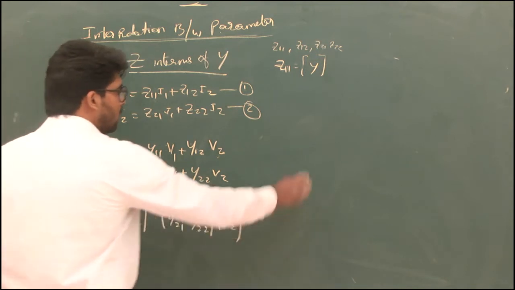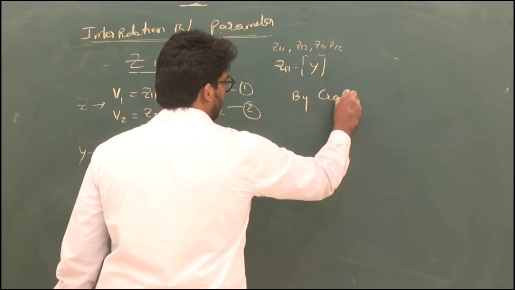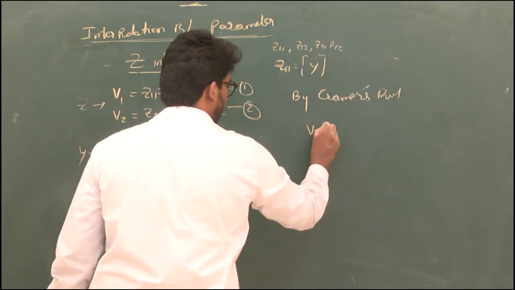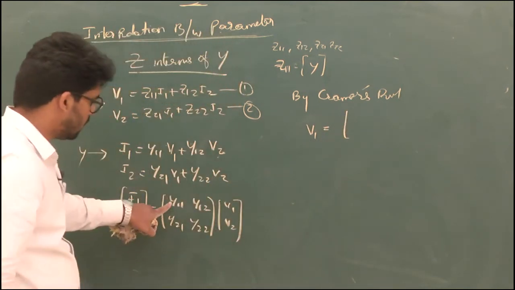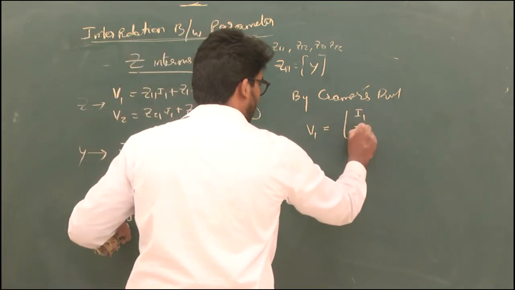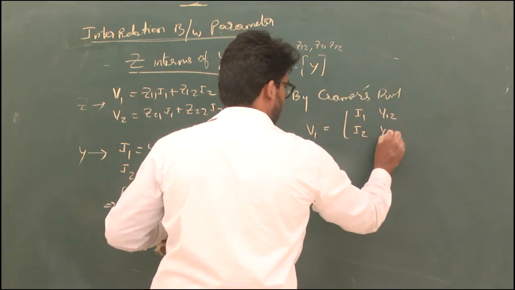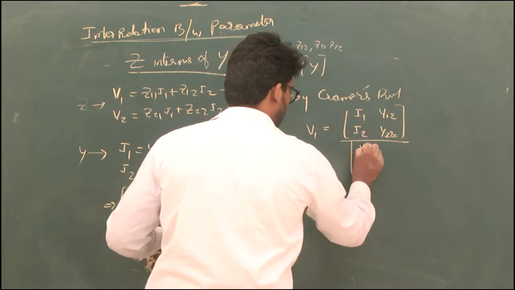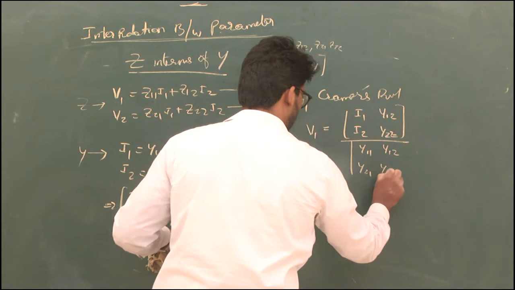To extract V1 by Cramer's rule, V1 equals the determinant of the input responses, where the first column is replaced with I1, I2 and the second column stays the same, divided by the determinant of this matrix, that is Y11, Y12, Y21, Y22.